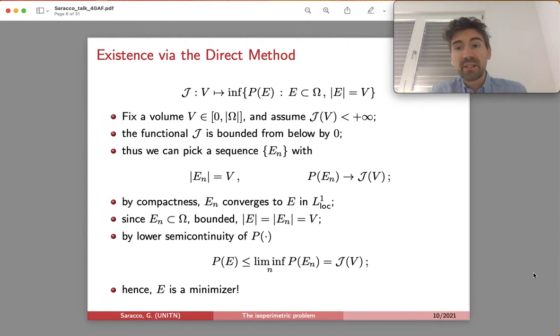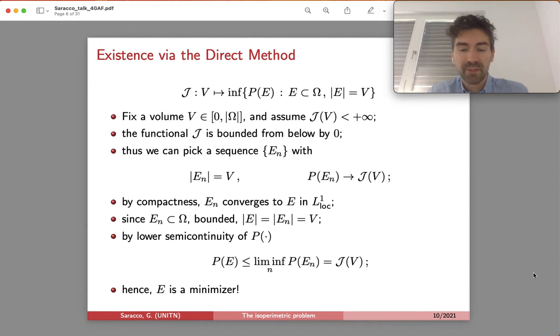So this is very easy, and this sort of proof is somewhat the standard proof one uses when one deals with functionals, say, governed by the perimeter, okay? So the real interesting question is, okay, we know there are minimizers. Who are they?